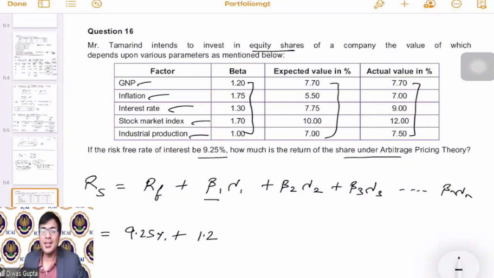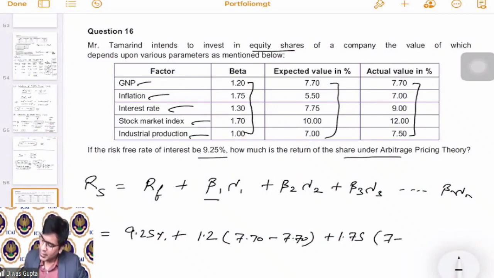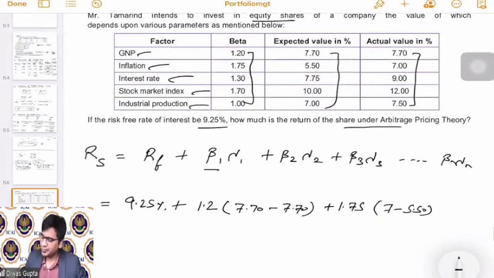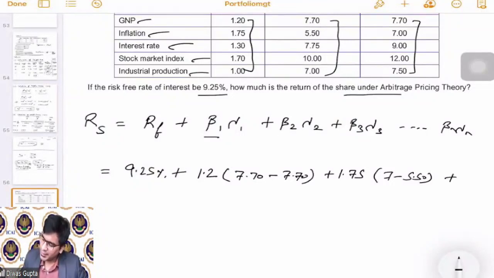Now, what is the risk premium? The risk premium of GNP is 0 because the actual and expected, both of them are the same. Similarly, for inflation, the beta is 1.75 and 7 minus 5.5 is the risk premium for inflation, plus 1.30 multiplied by 9 minus 7.75.